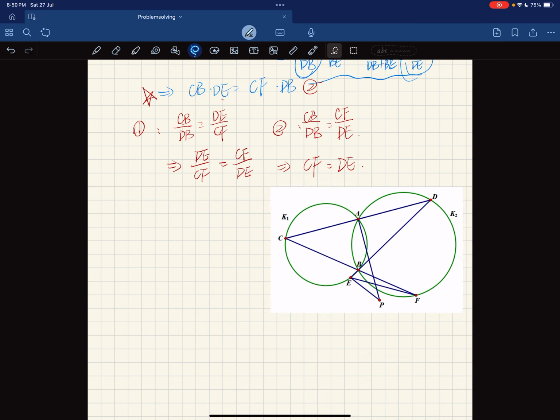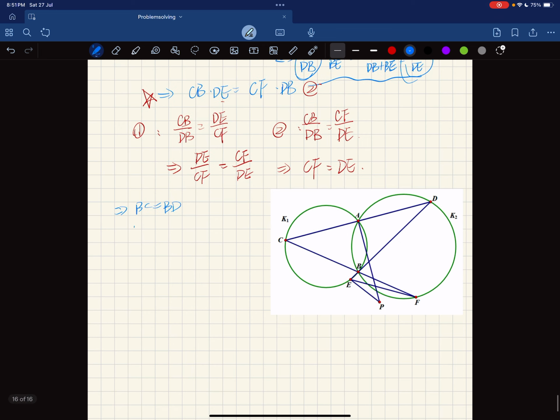So what can we get from this thing? Then we can get BC equals to BD, and we have AC equals to AD.